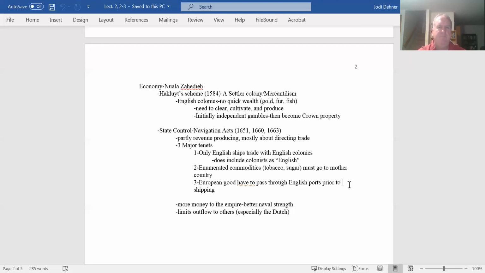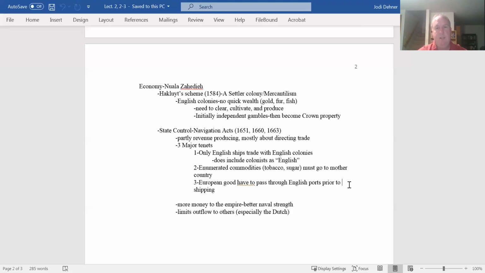And there's a number of moving pieces in these navigation acts, but there's three primary tenets that have to be adhered to. Number one, only English ships can trade with English colonies. And they provided a very exact definition of what an English ship is.